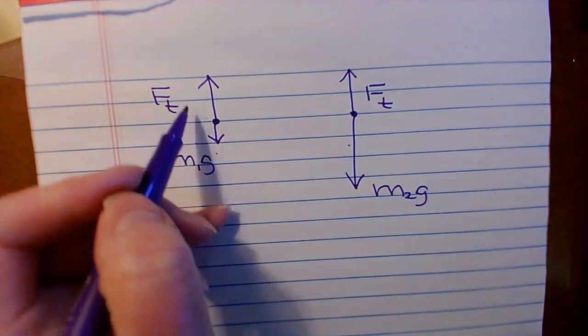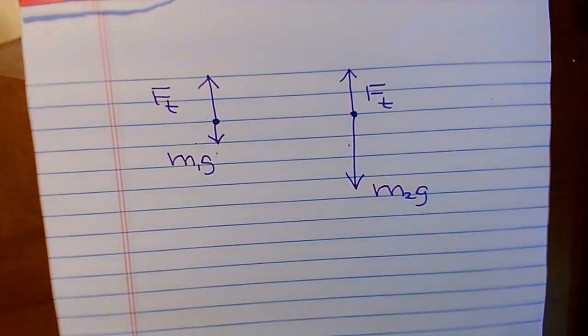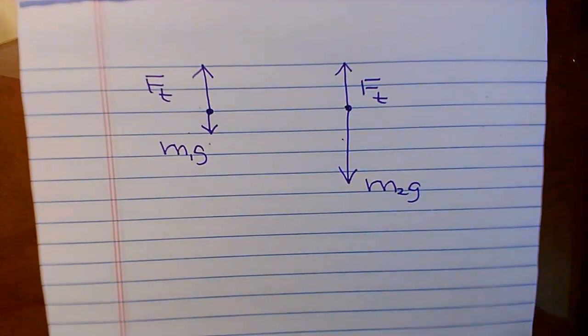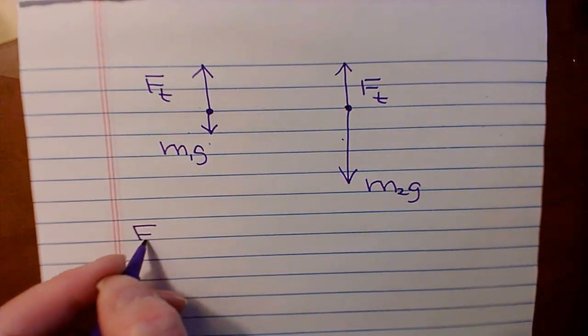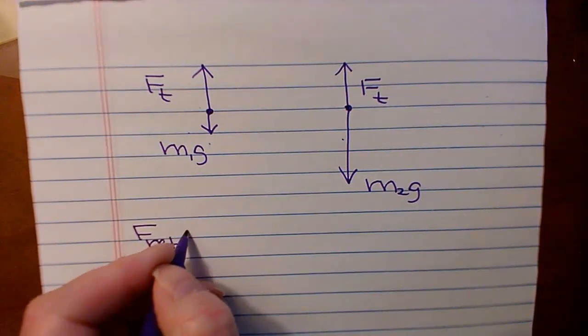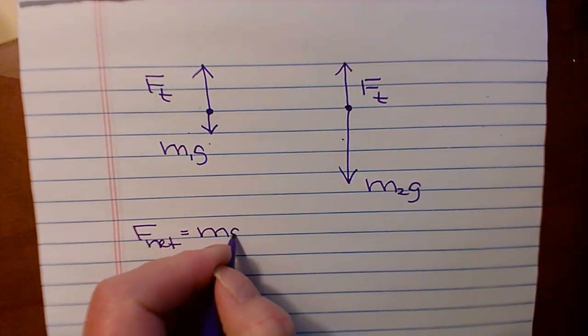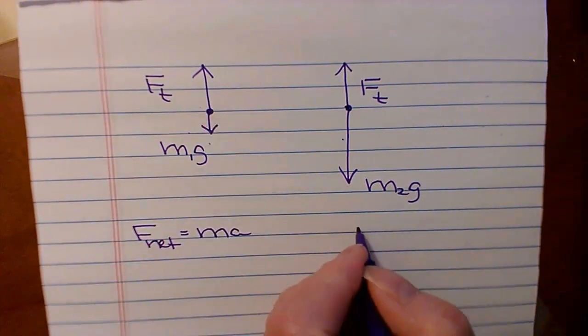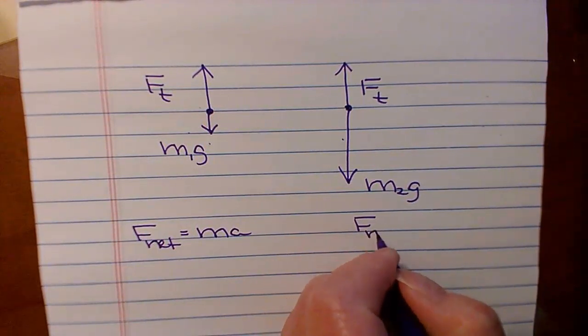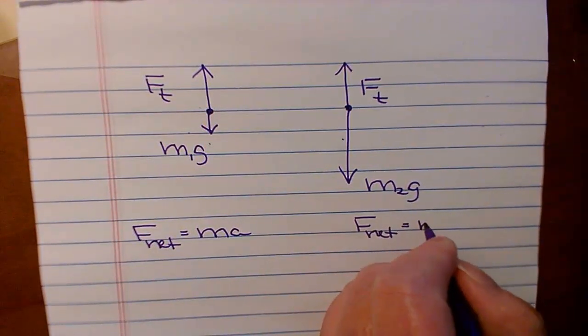This shows that the system is going this way. This is what the word derive means. It means start with a basic equation that comes from the equation sheet they give you. So I'm going to write down F net equals MA. I'm applying this equation to this picture, and I'm going to apply the same equation to this picture.